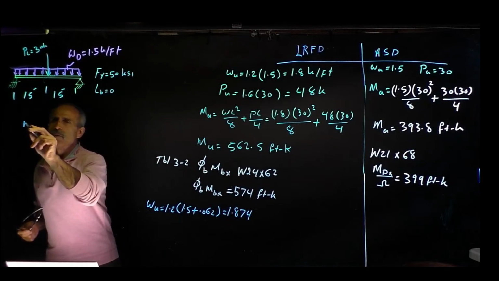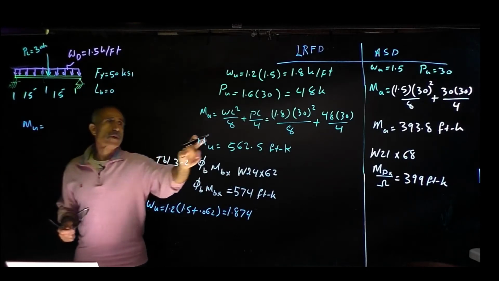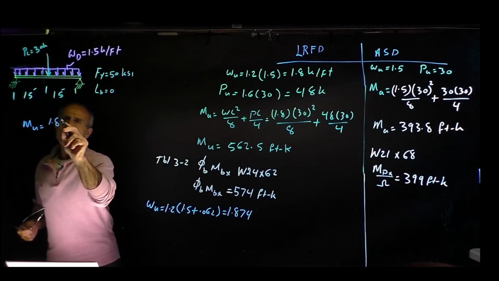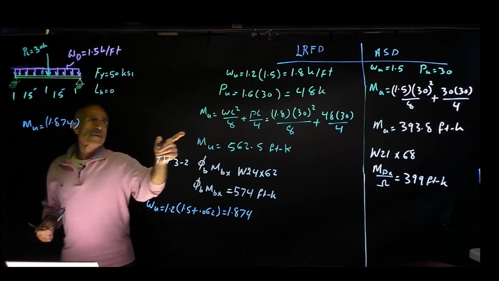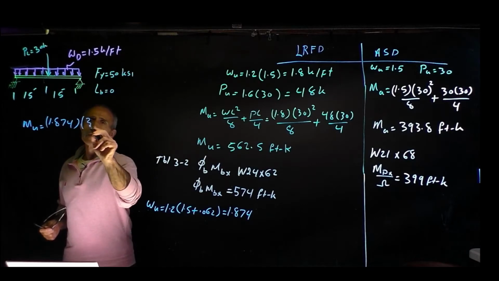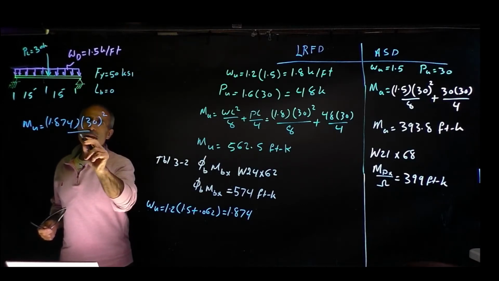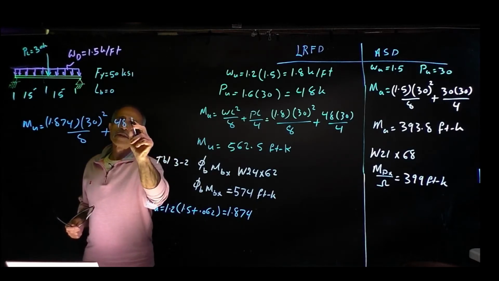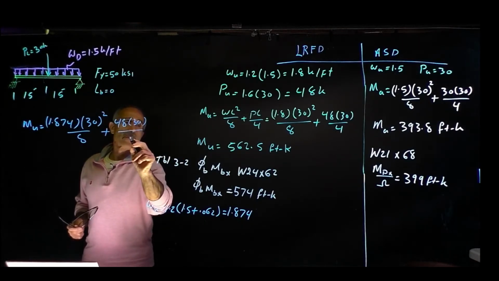So MU is going to come out to WL squared, which is 1.874 times 30 squared divided by 8, plus PL, which remains the same, 48 times 30 divided by 4.